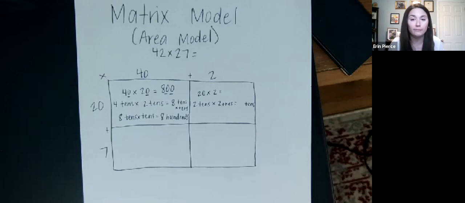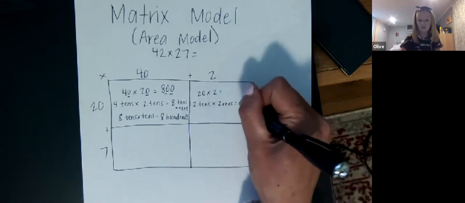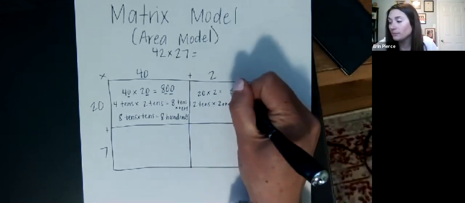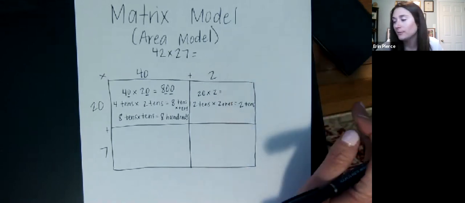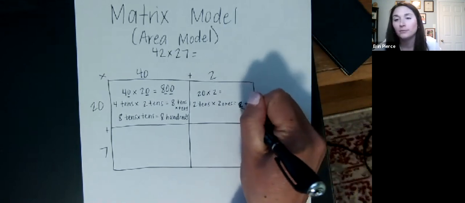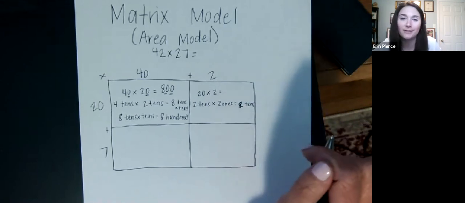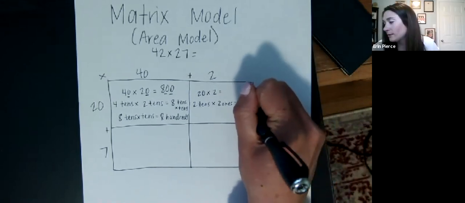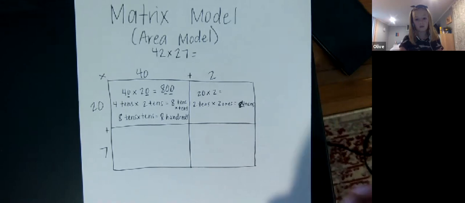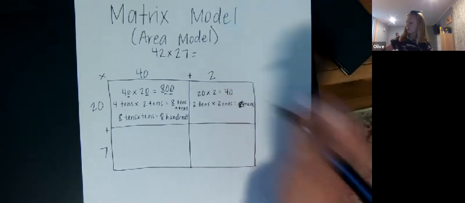What is 2 times 1? Olive. 2. So really 2 tens. Oh, I'm sorry. I said 2 times 1. I want to say 2 times 2. So what is your answer, Olive? 4. Sorry, I had to backtrack and think. 4 tens. So really I have 40.